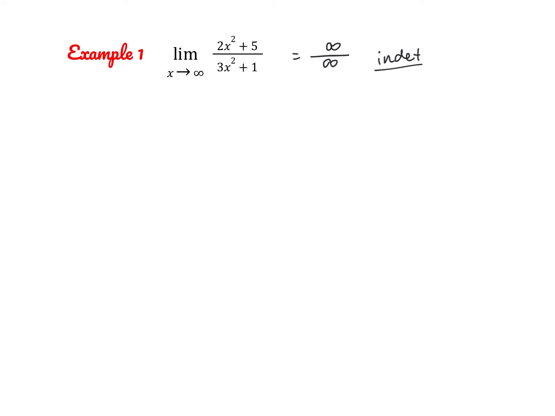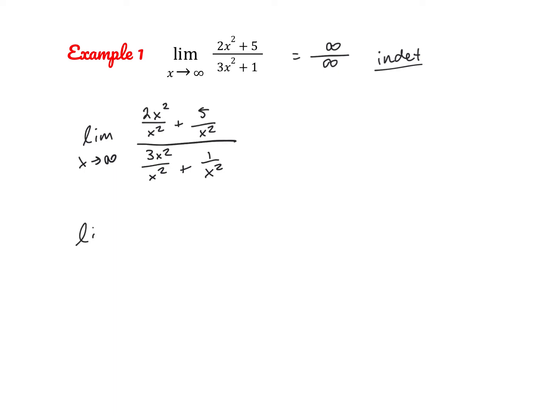We're going to divide the numerator and denominator by the highest degree variable in the denominator, which is x squared. So we're going to find the limit as x approaches infinity of 2x squared over x squared plus 5 over x squared, over 3x squared over x squared plus 1 over x squared. We have to divide everything in the numerator and denominator by x squared.